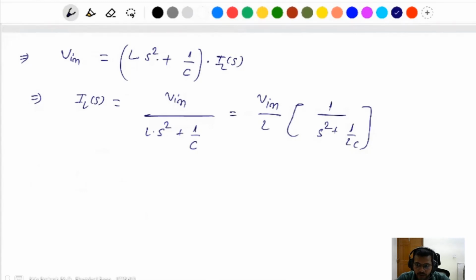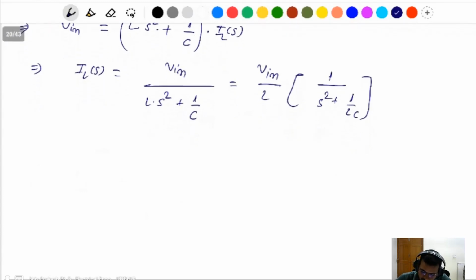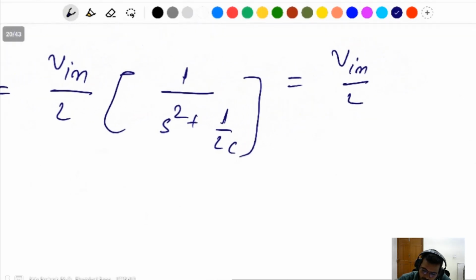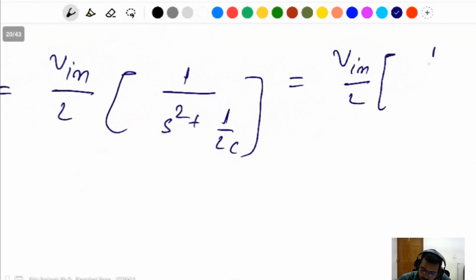Simply convert into Laplace, after that find the input current, the current expression. This s square plus 1 by LC you can retain as 1 divided by s square plus the square of 1 by root of LC.